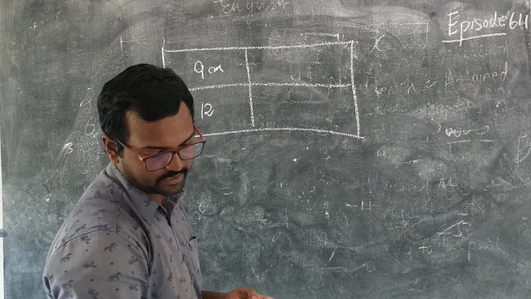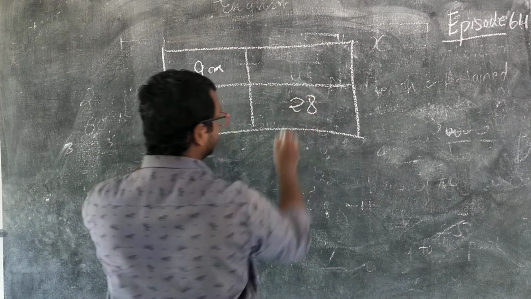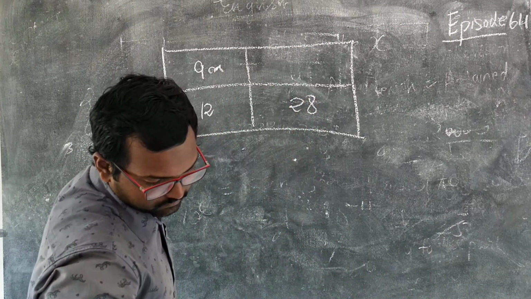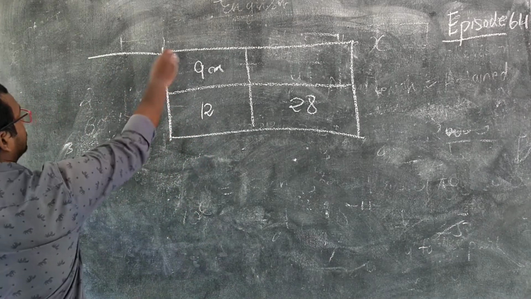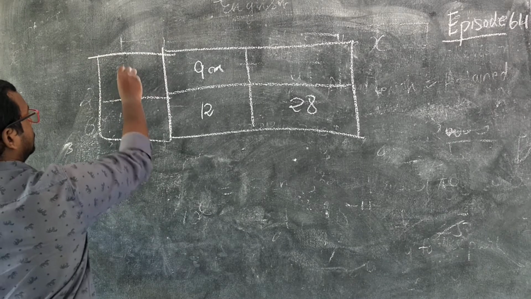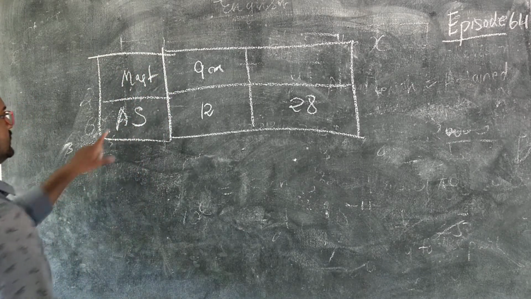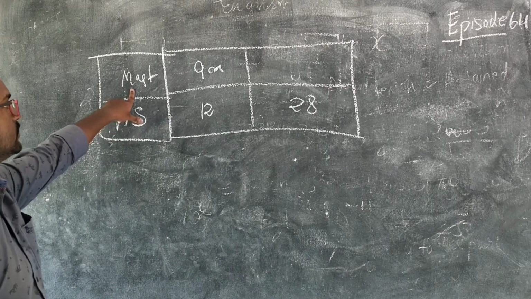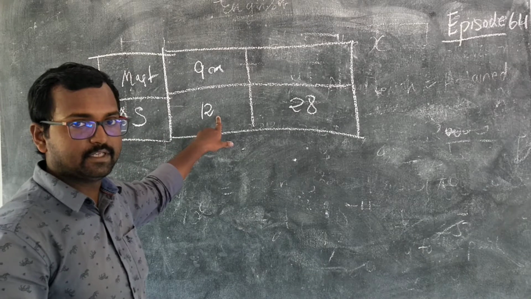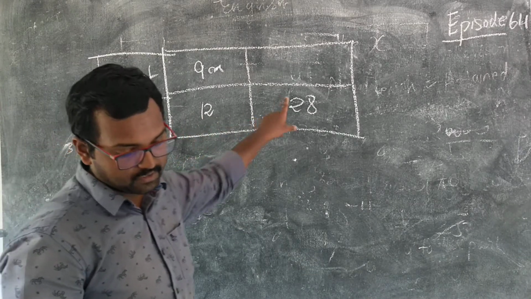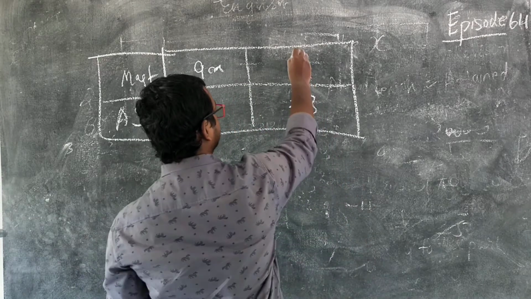Now, if the length of the ship is 28 meters, so the length of the ship means this is 28. Okay. So this is the actual ship. This is the mast of the ship. So the mast of the model ship is 9 centimeter, whereas the actual ship's is 12 centimeter. Now the question is, if the actual ship's length is 28 meter, how long is the model ship?